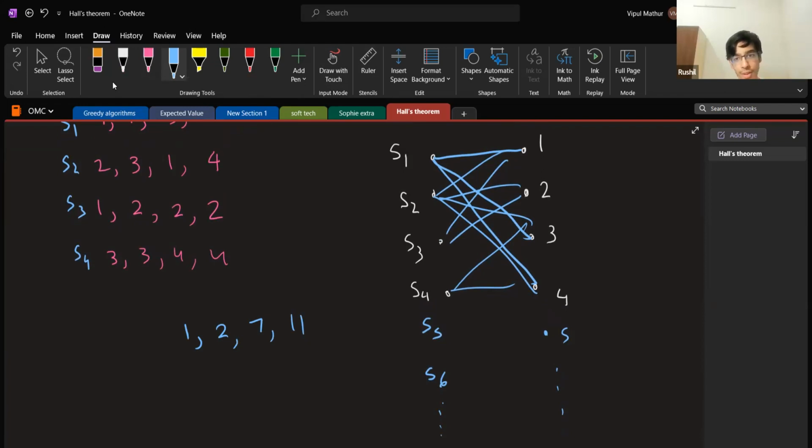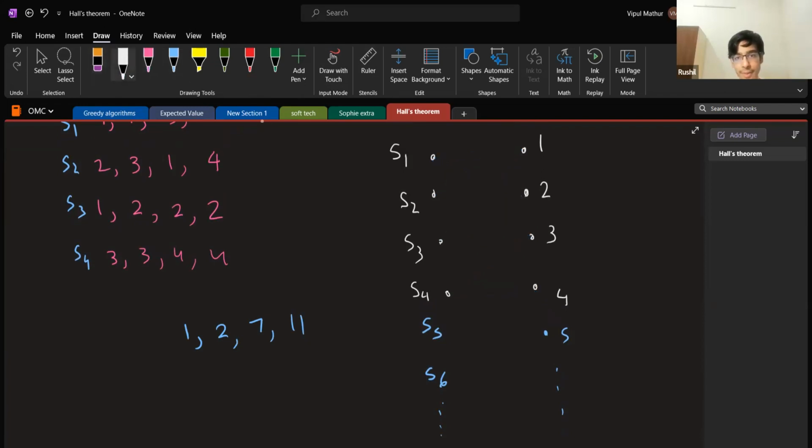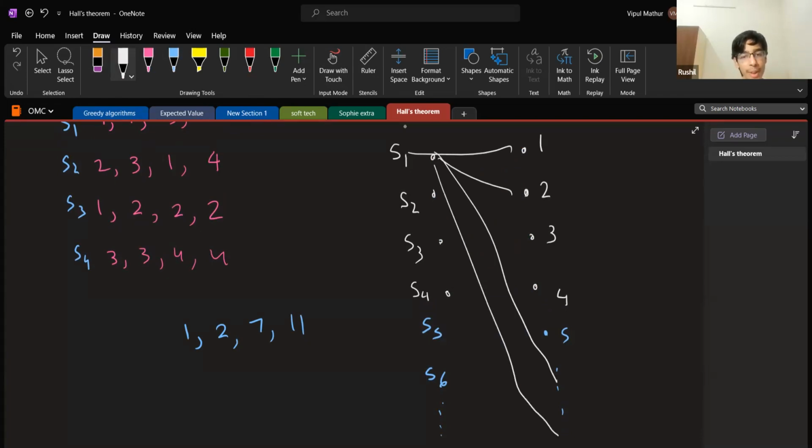So S1 would be connected to 1 to 7 and 11, something like that. And then S2 could be connected to some 4 other things and so on. So we're almost done, because every set is connected to 4 people, and each one can come from 4 sets.